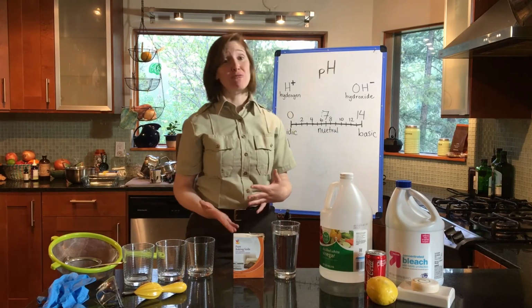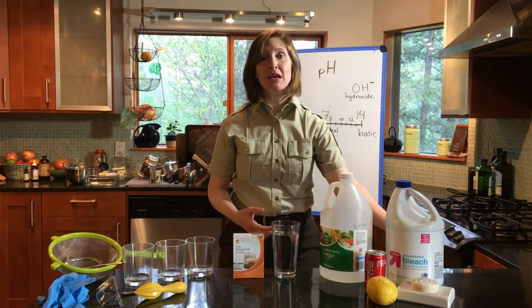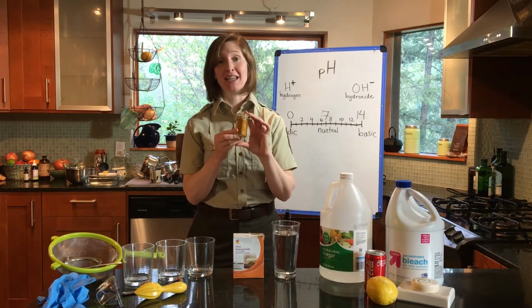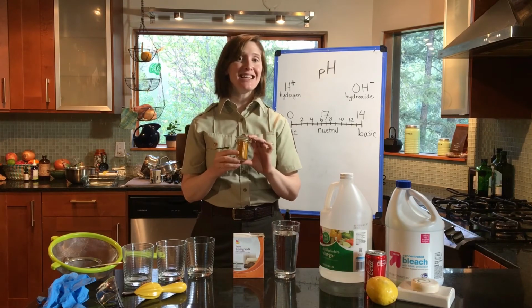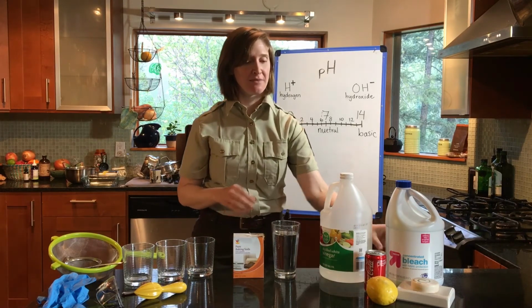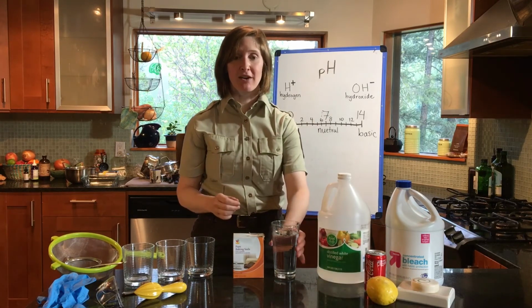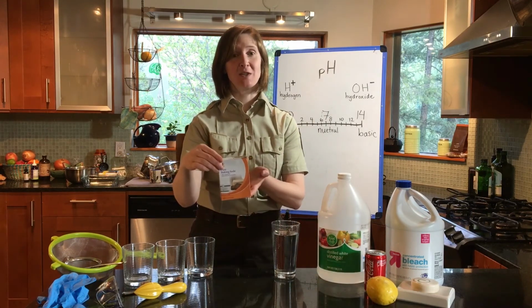I don't have any red cabbage at my house, so I'm going to use turmeric mixed in water as my indicator and test these 3 liquids: vinegar, tap water, and a baking soda solution.